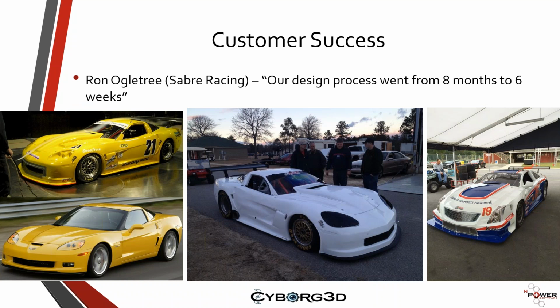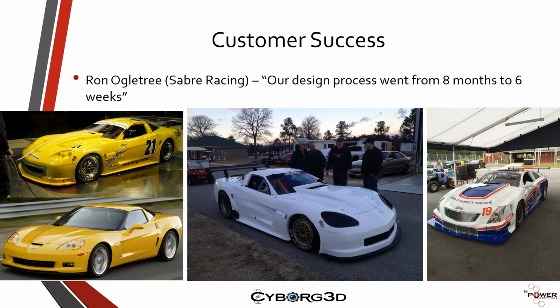One of our customers, Saber Racing, has been using this technology to build NASCAR race cars. What they do is they start with a stock car, like the one on the lower left, the Corvette, and then they reverse engineer it using our tools, and they can reshape it, put a fin on the back, a spoiler, lower the body frame, and make it more aerodynamic and more race enabled.